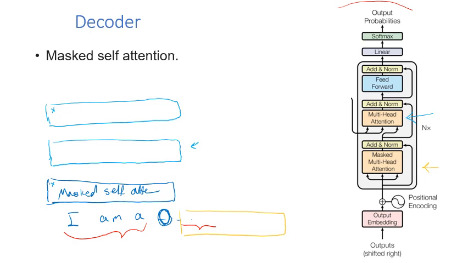Here is your query, and these two are key and value. Key and value come from the encoder, but query comes from the decoder. So I want to generate a new word, and that's my query.